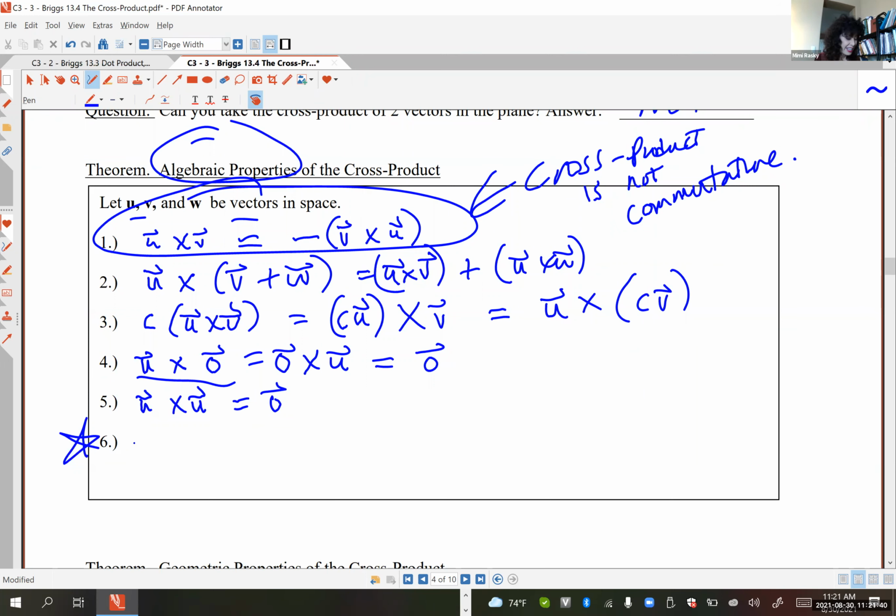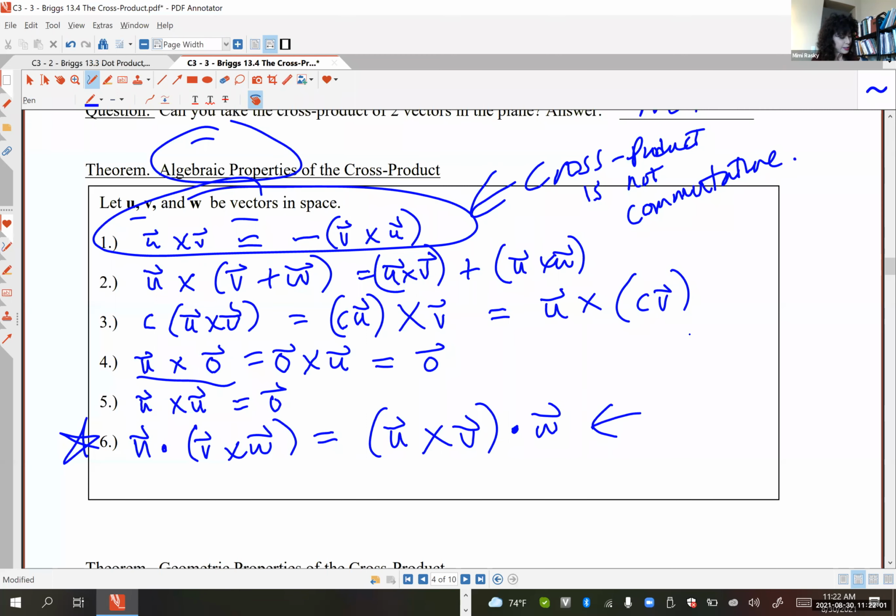It's wacky. If you take the dot product of U with the cross product of V and W, it's not what you think, people. Don't try to distribute anything. It's the same as the cross product of U and V dot product with W. I know, don't try to figure it out. This has a special name.